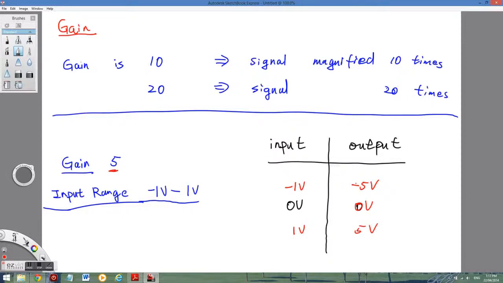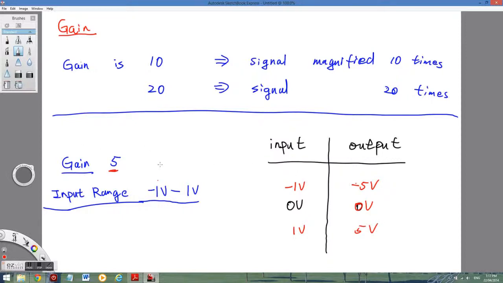Now, here is the tricky part. In reality we cannot make an amplifier that has a gain of 5 for all the inputs. It's just not possible.